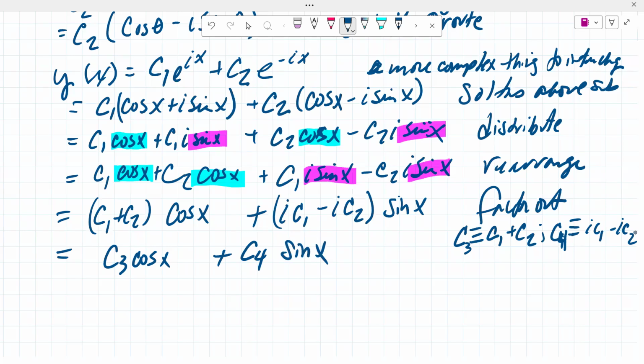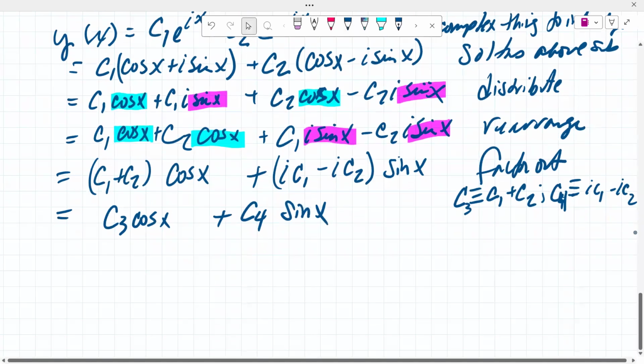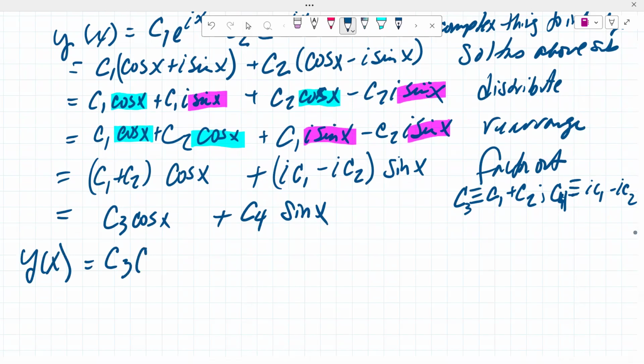Great. So now we've factored out two constants. We just rename them, and that's what happened here. So now we have y of x, let's just write the whole thing, equals C3 cosine x plus C4 sine x.